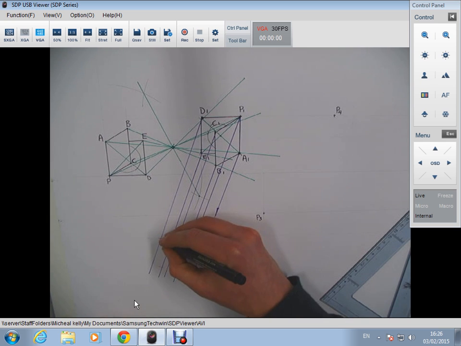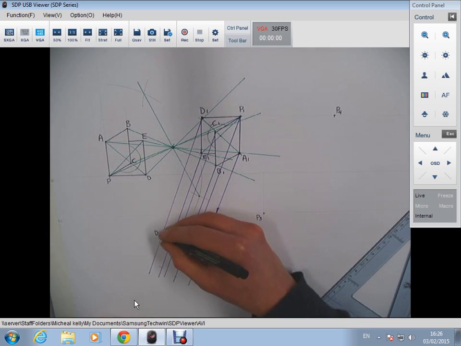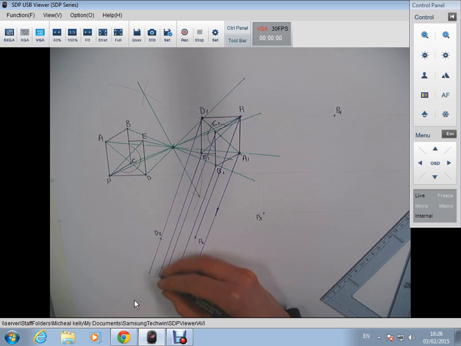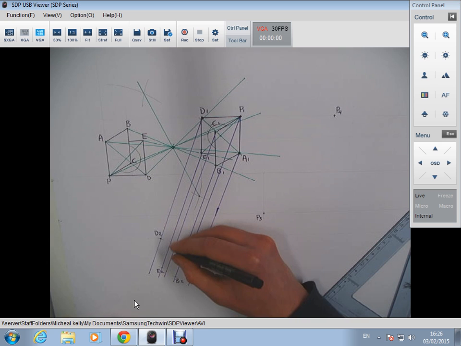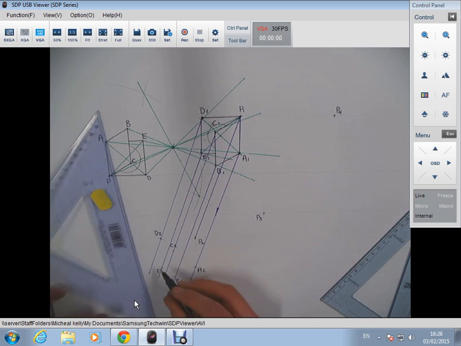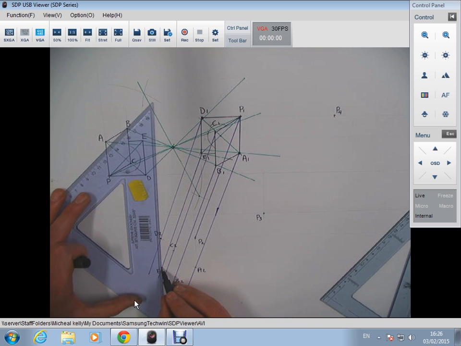This is my new point D, which I'm going to call D2, E2, B2, A2, and C2.